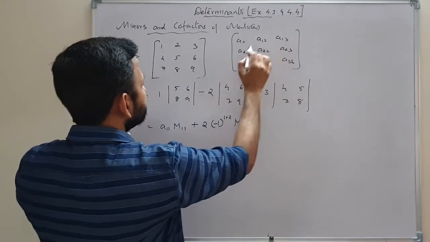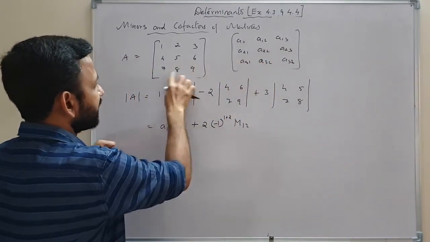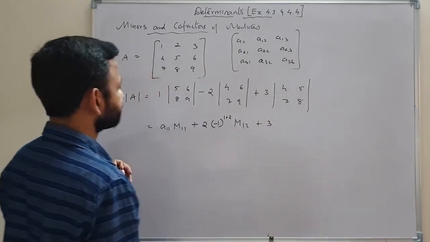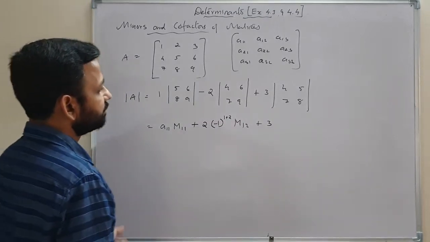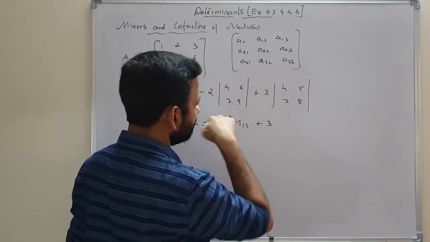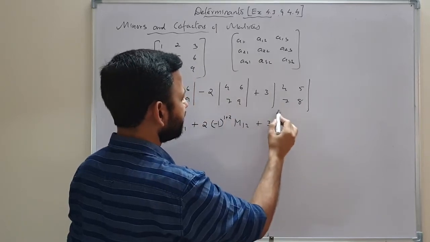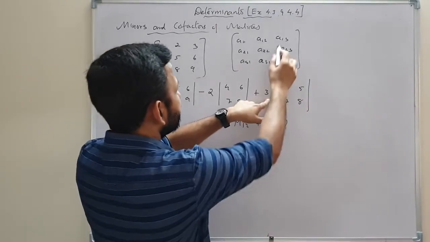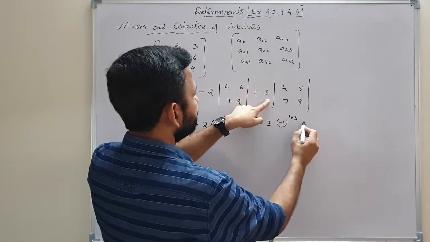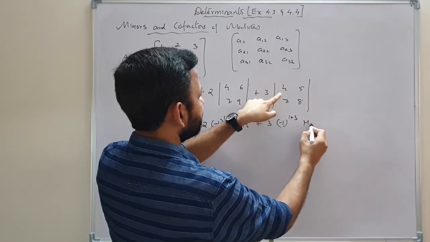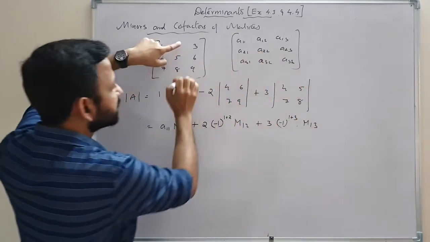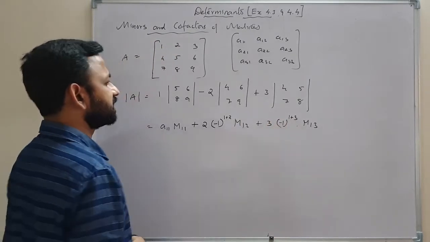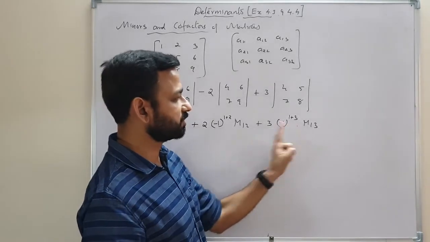Then plus 3 into minus 1 raised to 1 plus 3 into M13. Minus 1 raised to 1 plus 3, that is minus 1 raised to 4, that is positive only, M13.